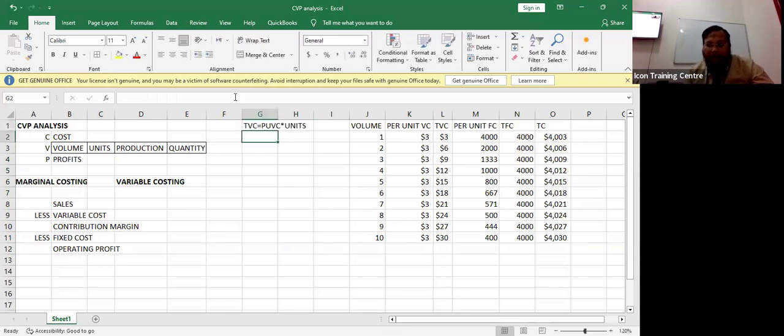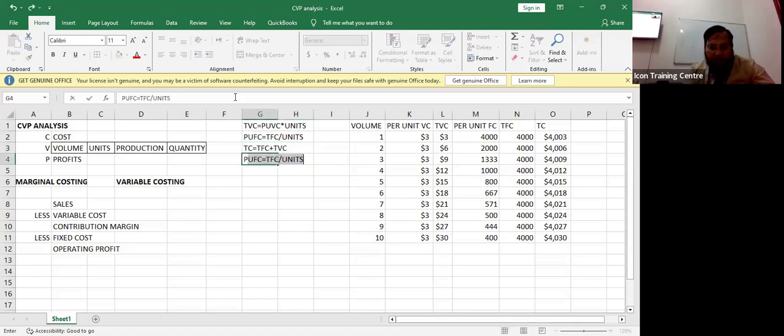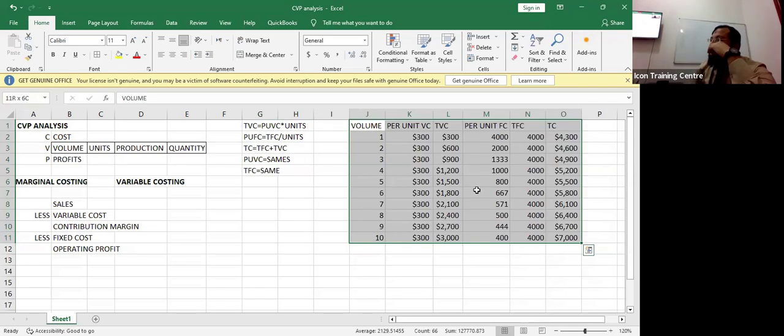Can I say this? Per unit fixed cost is equal to total fixed cost divided by units. Can I say this total cost is equal to total fixed cost plus total variable cost? Can I say this per unit variable cost always remains same and total fixed cost always remains same?